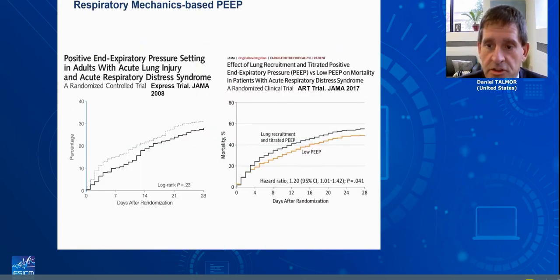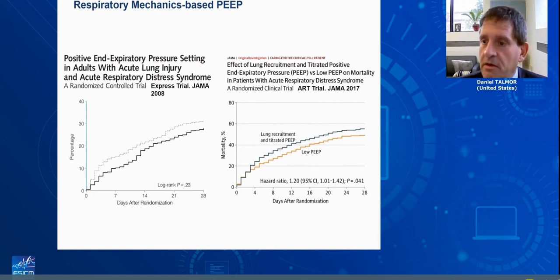Other trials which tried to use a more physiological approach, the EXPRESS trial and the ART trial, were either negative or actually showed harm with higher levels of PEEP. So large trials of PEEP have been disappointing, even though many experts would agree that higher levels of PEEP may be beneficial in some patients.